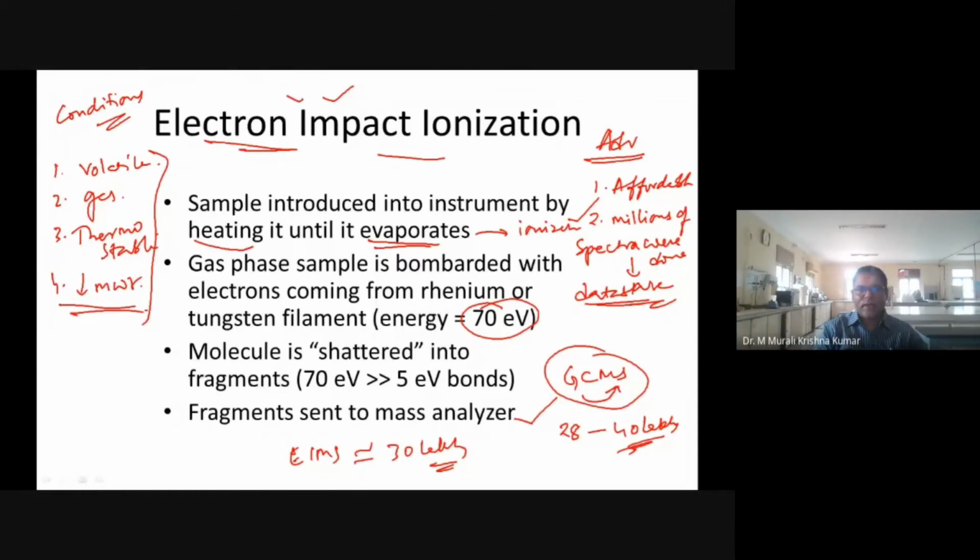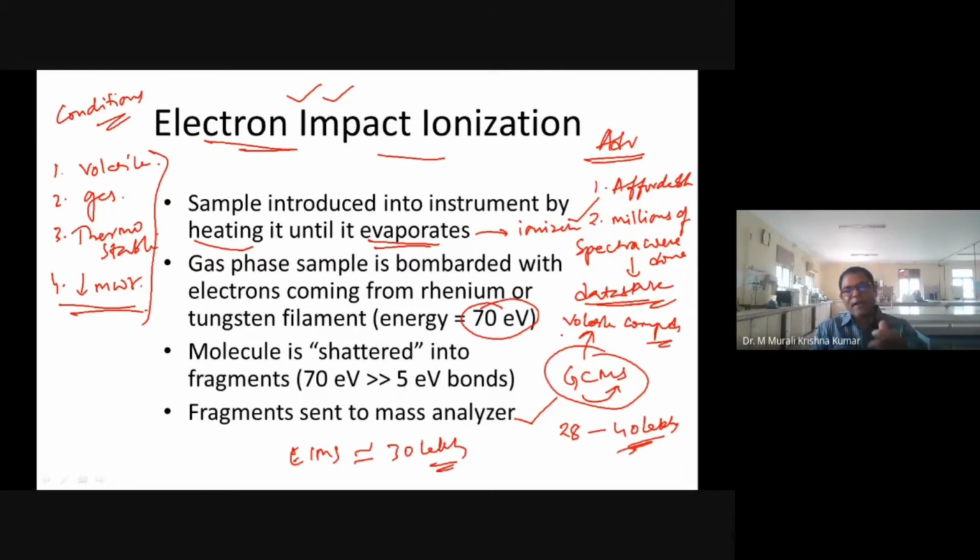Because after electron impact ionization, the compound will be degraded, so fragment ions will come. For millions of compounds, this database is available. So that's the reason why mass spectrometry databases are available right now. So these databases are used for GCMS analysis of volatile compounds.